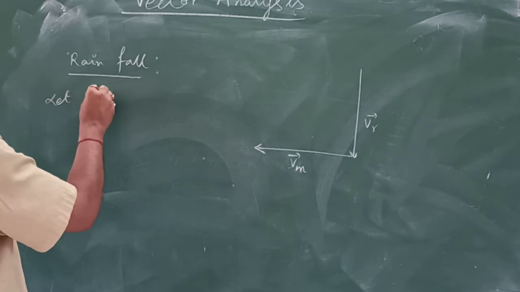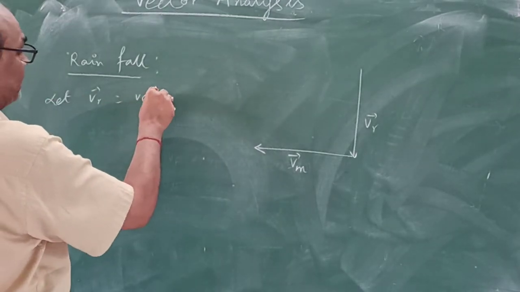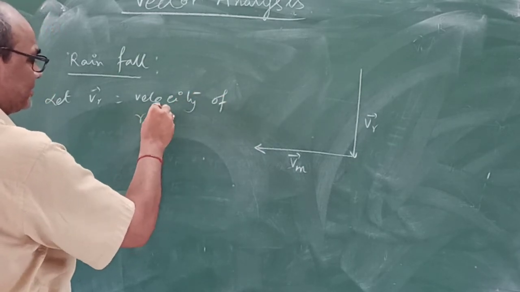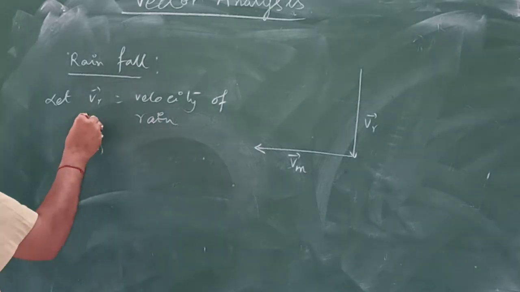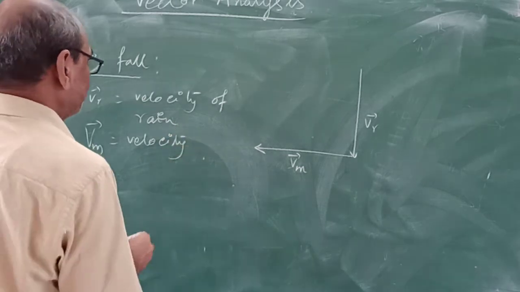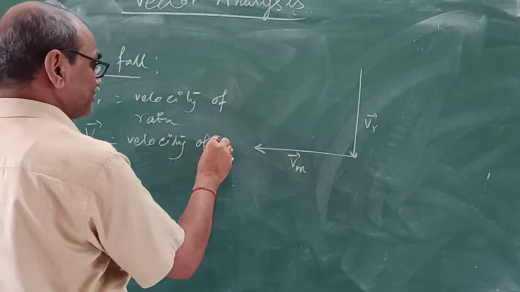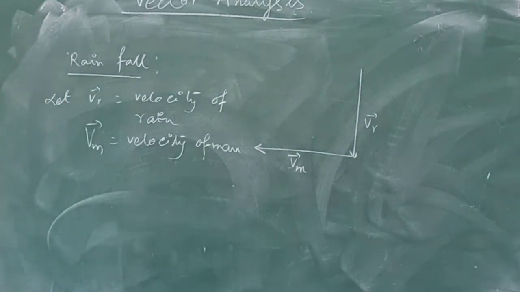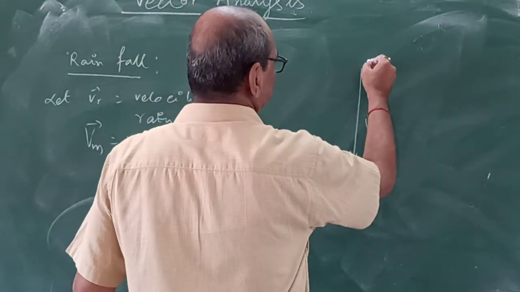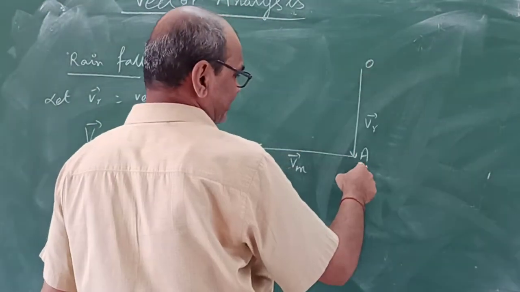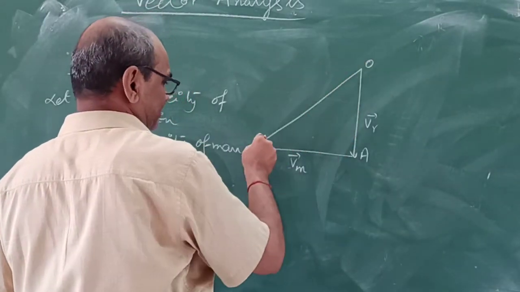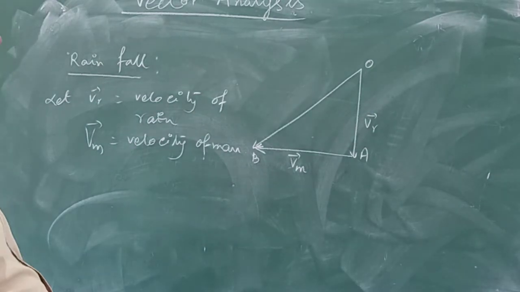Let VR be the velocity of rain, Vm the velocity of man or person. Now, how can you find the resultant? This is the point O, A. Along the OA line, rain is falling. Along the AB line, the person is walking. So the resultant can be obtained from the triangle law of velocity.